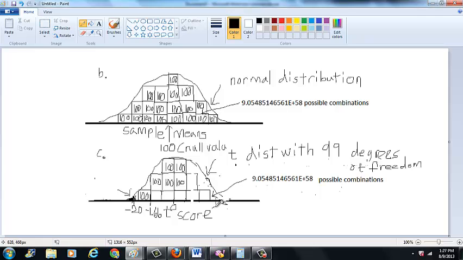So we have 20 out here. This is our test statistic. And we can put a little box right there, a little X showing that our outcome is right there.